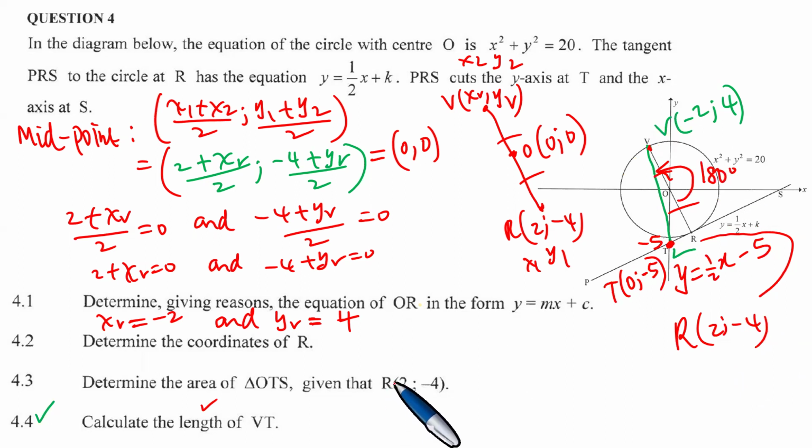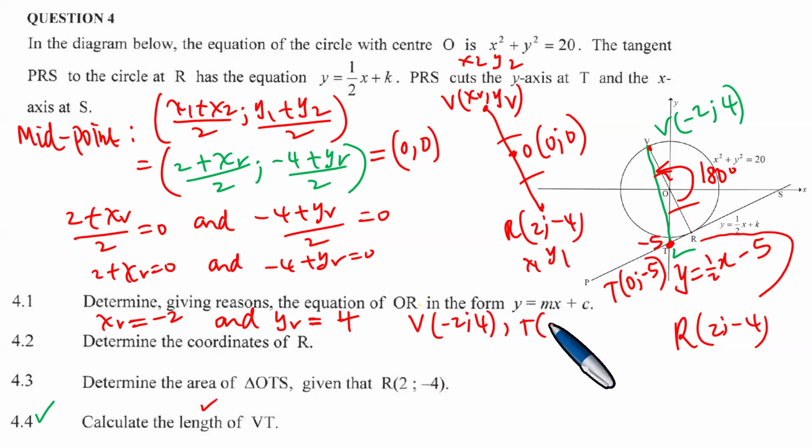Okay. I want us to find the length of VT. We already know the coordinates of V and those of T. Therefore, what do we have? We have V with coordinates (-2, 4).